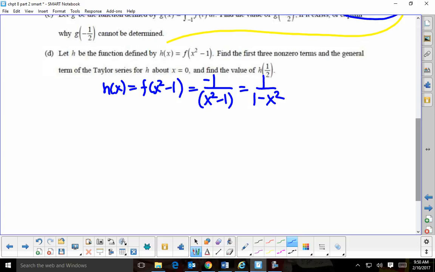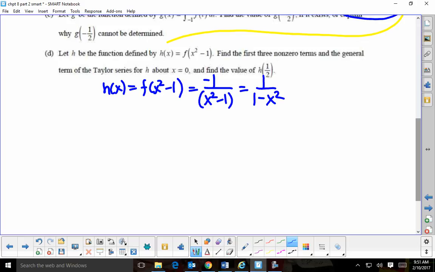I don't care how much you want to reduce it. There we go. Find the first 3 non-zero terms and the general term of the Taylor series for h about x equals 0, and find the value of h of 1 half.